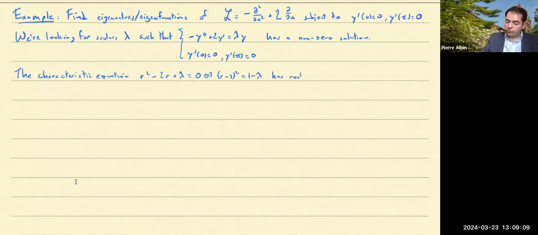And so it has roots 1 plus or minus the square root of 1 minus lambda. So again, we'll consider three cases. But these cases will be 1 minus lambda positive, 1 minus lambda equals 0, and 1 minus lambda negative.